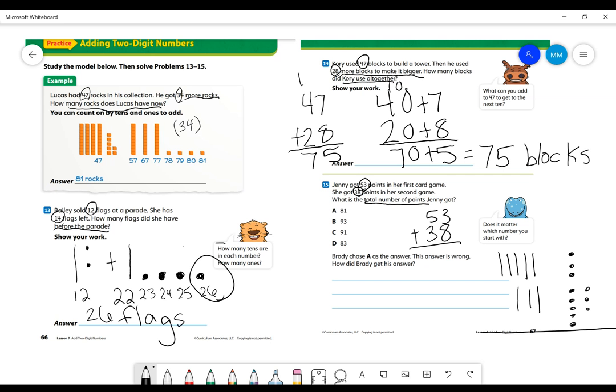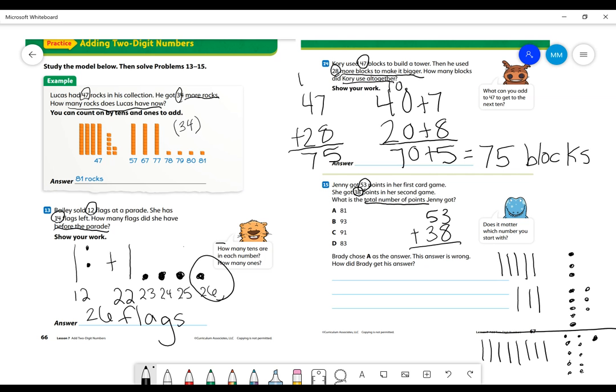Now I'm going to put those together. So I have 3 plus 8, so 1, 2, 3, 4, 5, 6, 7, 8, 9, 10. Uh-oh, but we will come back to that. 10, 11. So I have 11 ones altogether. And I have 5 plus 3 is 8 tens. 1, 2, 3, 4, 5, 6, 7, 8.